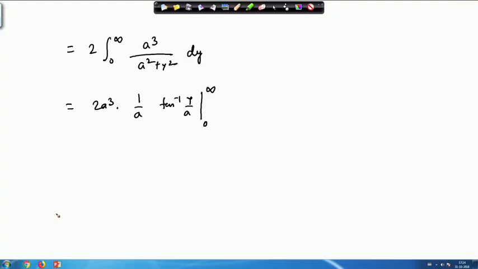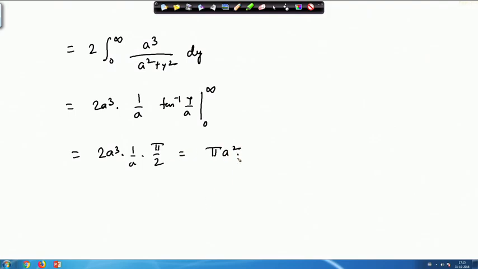Now when tan inverse is infinity, the value will be pi by 2, and when tan inverse of 0, the value will be 0. So we will have 1 by a tan inverse infinity, that's pi by 2. So the value will be pi a square.